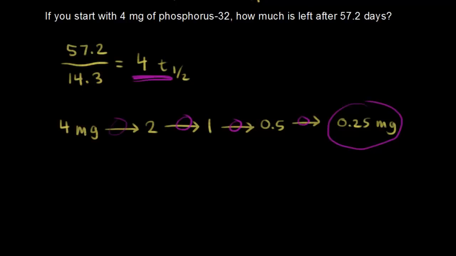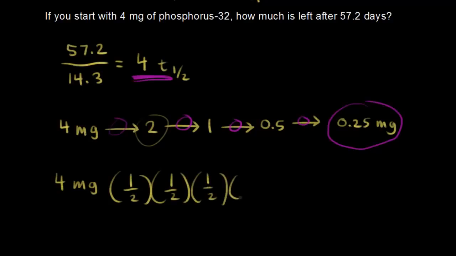Another way would be starting with 4 milligrams, we need to multiply that by 1/2. And that would give us 2, and we multiply by 1/2 again, and 1/2 again, and 1/2 again. So that's 4 half-lives.